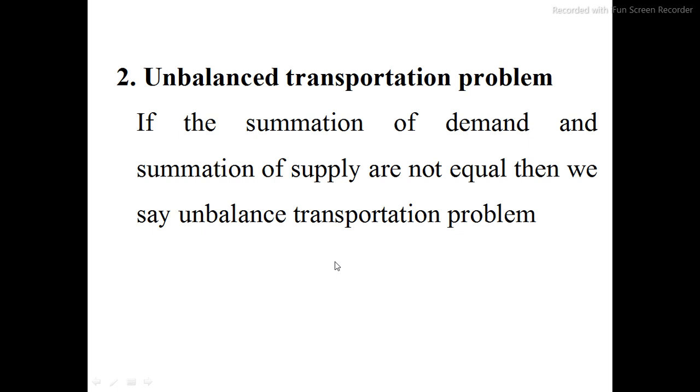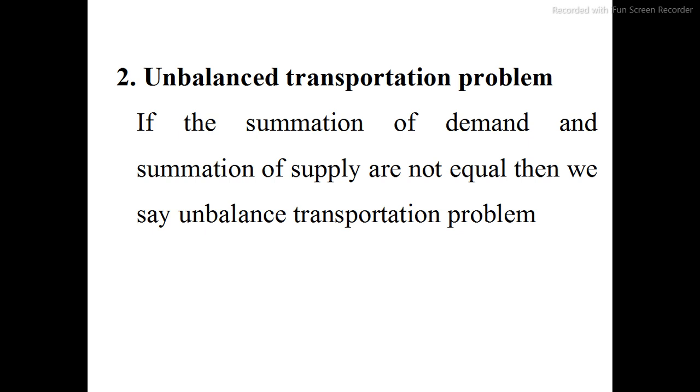And the second one is the unbalanced transportation problem. If the summation of demand and summation of supply are not equal, then we say unbalanced transportation problem. Think that warehouse 1 has 10 quantity and warehouse 2 has 10 quantity. How much quantity is there in the warehouses? 20.